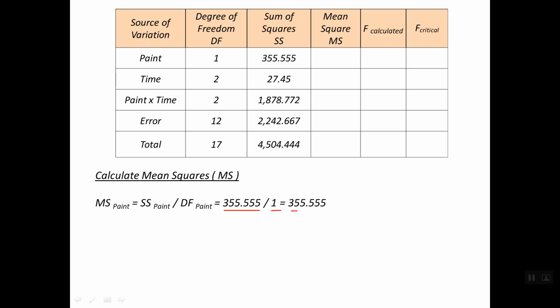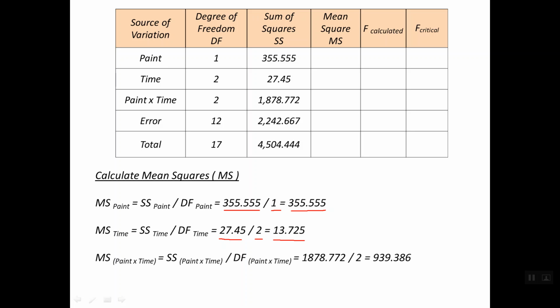So the result will be 355.555. The same way for the time. This is the SS for the time, and this is the degrees of freedom for the time, which is the second factor. So this is the MS for the time.